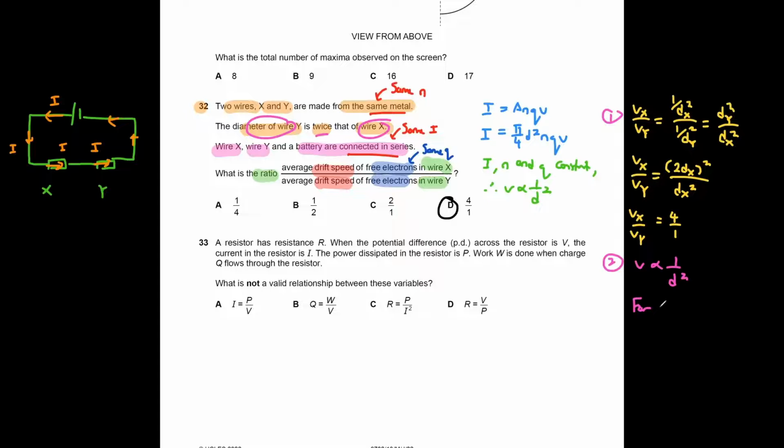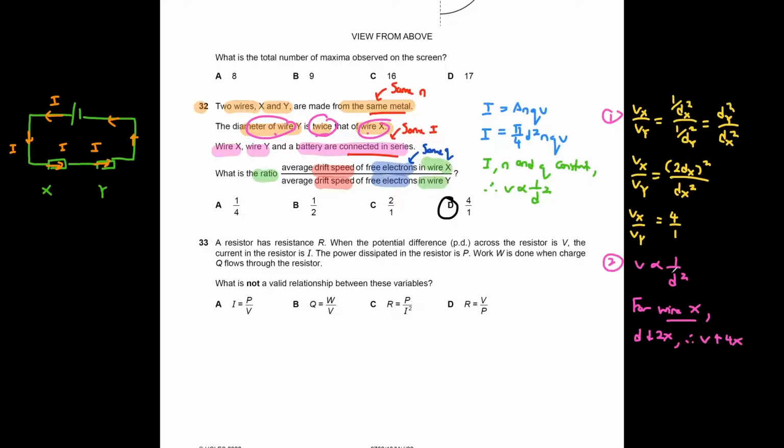If I just look at for wire X now, they say that diameter of Y is twice the wire X. That means wire X has half the diameter of Y. Okay, so if you look at from the point of view of wire X, the diameter is actually half that of Y. So d is reduced by 2 times. Therefore, v is increased by 4 times.